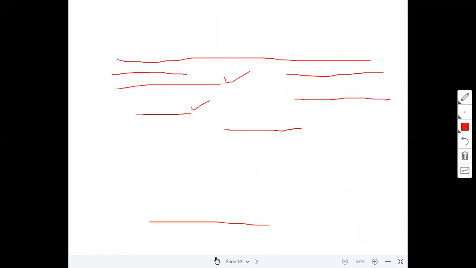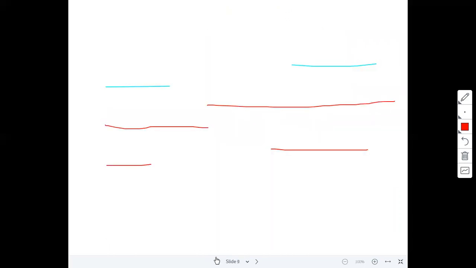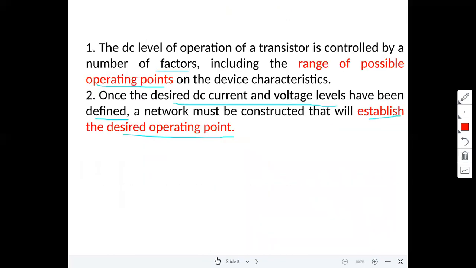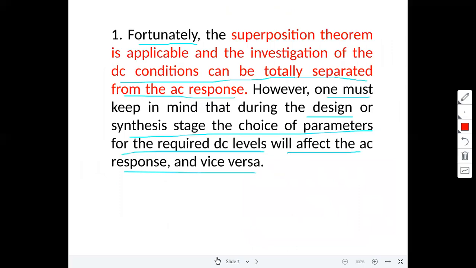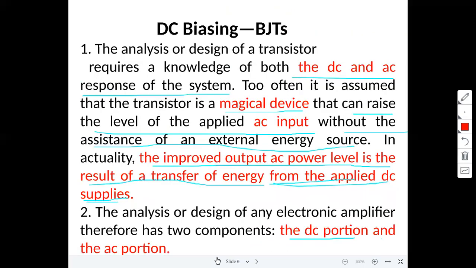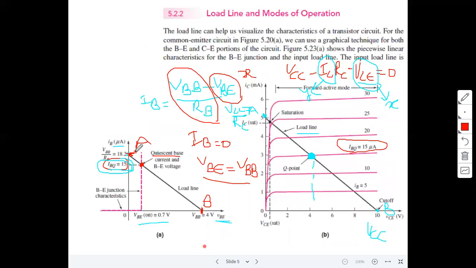Then we have to point out point A and point B on the DC load line, and draw one line. Already explained this one. Identify point A and point B, and simply join these 2 points. That is called the DC load line. Then how to choose the operating point? Approximately in the middle of the DC load line.